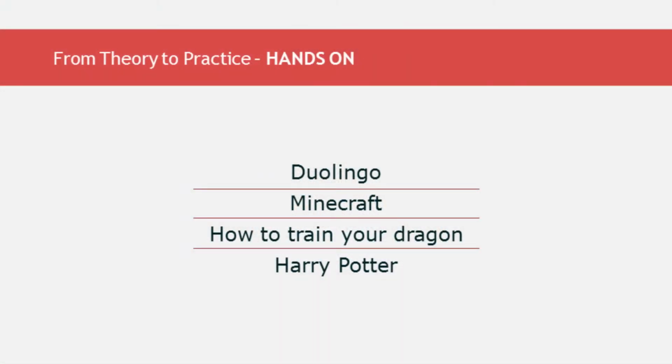Some examples of games you can use to gamify your language classroom. Duolingo is one of them. It's a language course and it uses the strategies of gamification, the challenge. Minecraft is a very common game. Children usually like to play it a lot. How to Train Your Dragon is also a possibility.